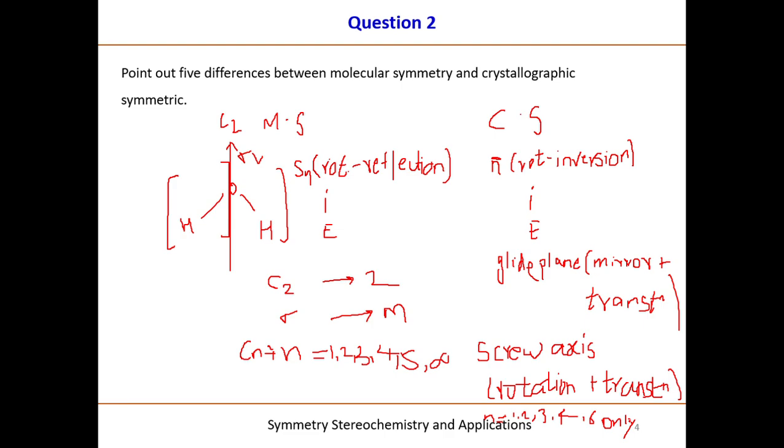So this is another difference here. In molecular symmetry, the Sn axis is given for rotation and reflection, whereas in crystallographic symmetry, there is n bar, which shows the rotation and inversion of the molecule. In molecular symmetry, i is the inversion center, and in crystallographic symmetry also, i shows the inversion center.